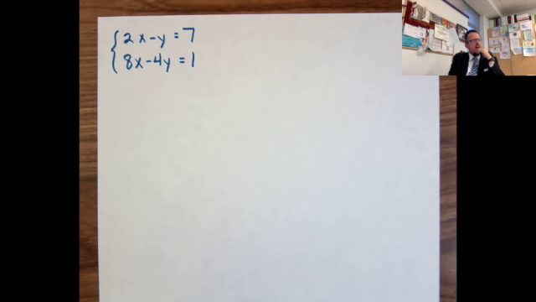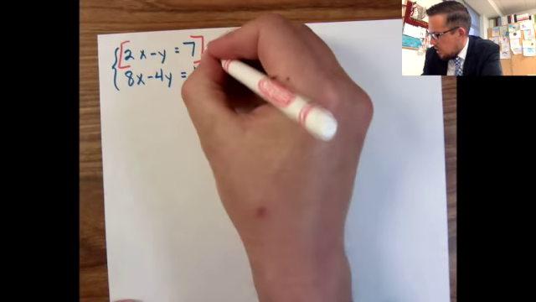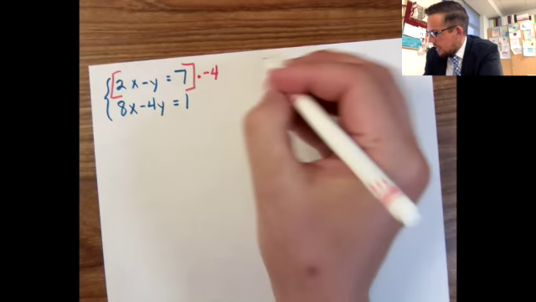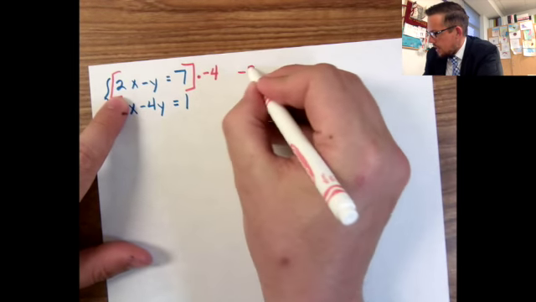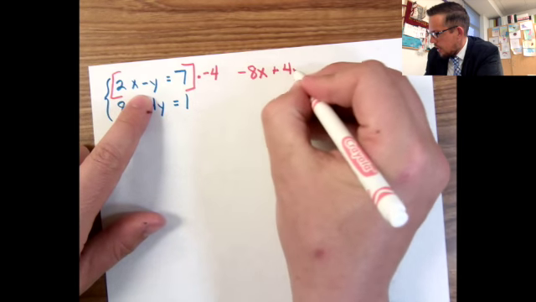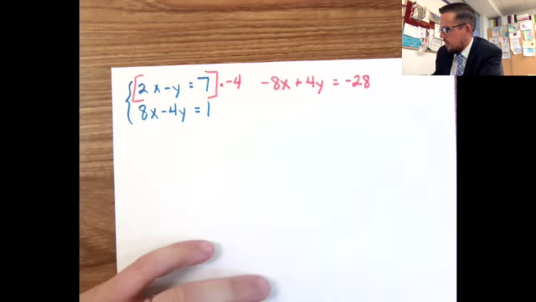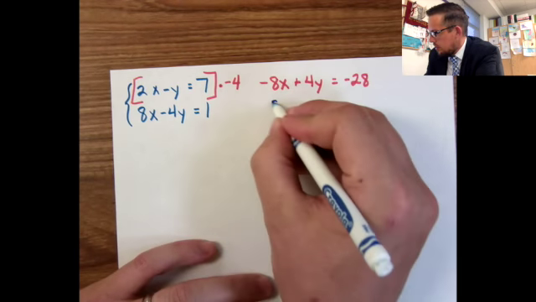Yeah, if I multiply the top by -4, that seems like a good idea. So that's going to give me -8x plus 4y equals -28 on the top. And on the bottom, I didn't change anything.